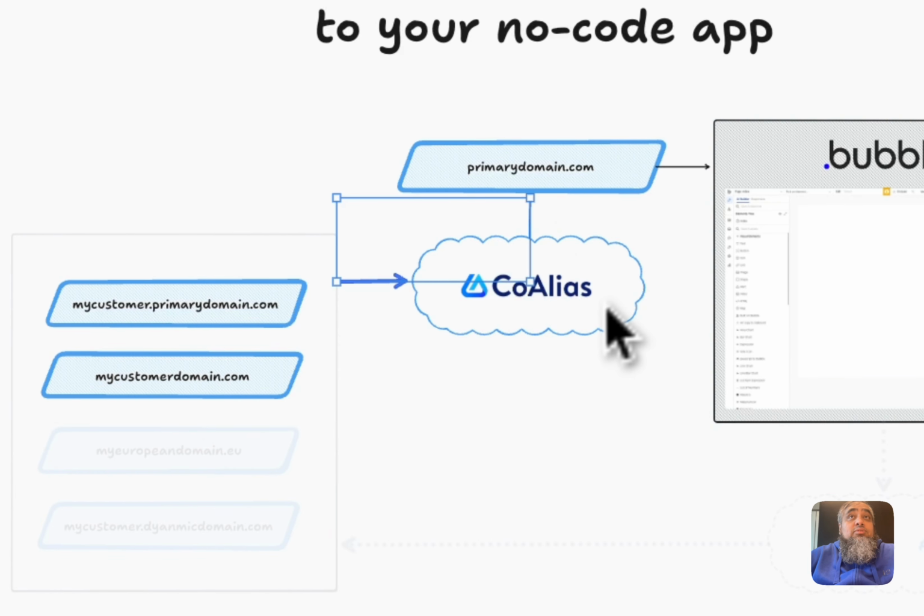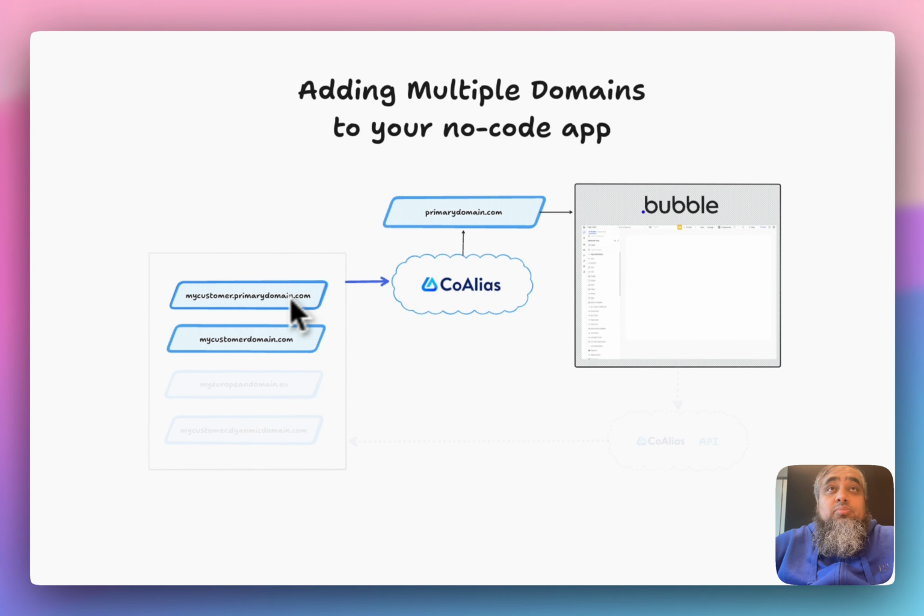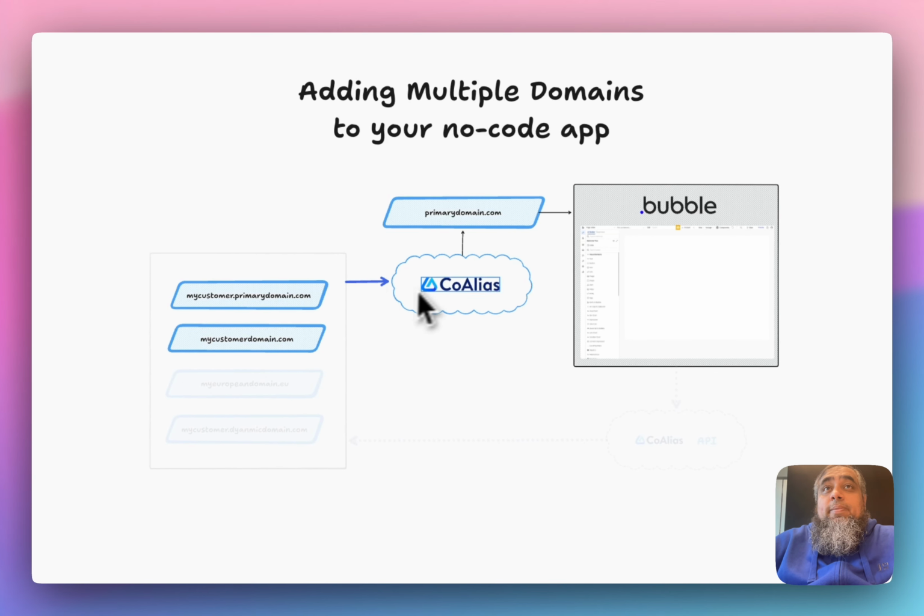So you change the DNS records, and when then someone visits mycustomer.primarydomain.com, CoAlias fetches the right page and data from your no-code app and serves that to the customers. This is sometimes called URL masking or URL forwarding, but the customer won't see your primary domain, but will see the custom domains or the customer domains or the dynamic subdomains that you have added.